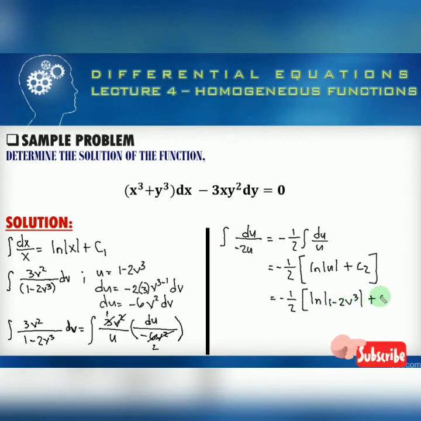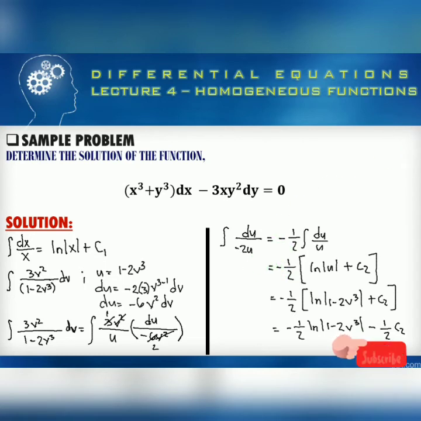Then we distribute this negative 1/2 to each term, so this is minus 1 over 2 ln of the quantity 1 minus 2b cubed, and since this is negative, negative times this c2, so this is minus 1/2 c2.